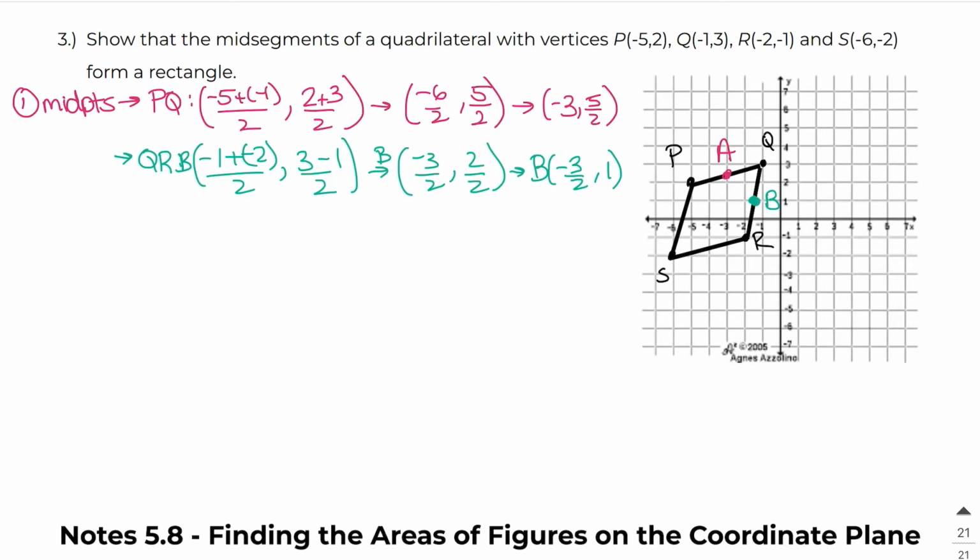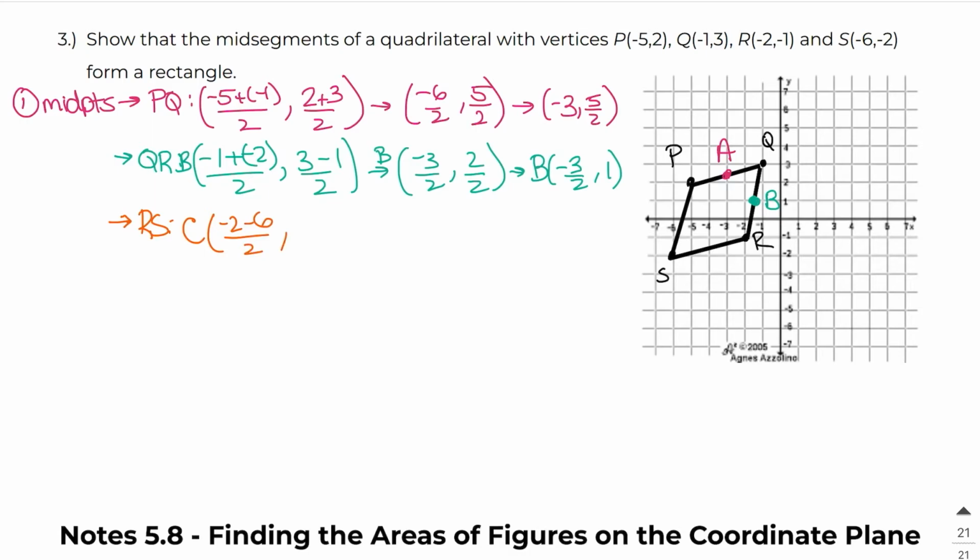Okay, next thing I need to do is find the midpoint of RS. Let's do RS, it's the same thing as SR. I'm just going to call it RS just so I can go in order. And we'll call this C. So to find the midpoint of RS, add the -2 and the -6 together.